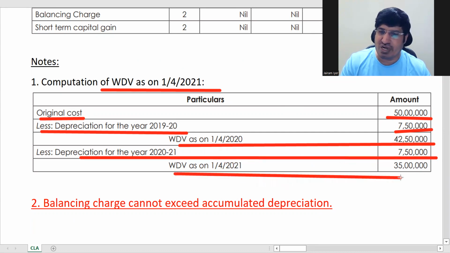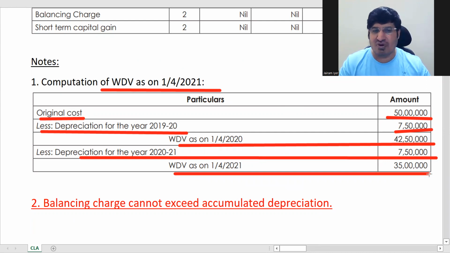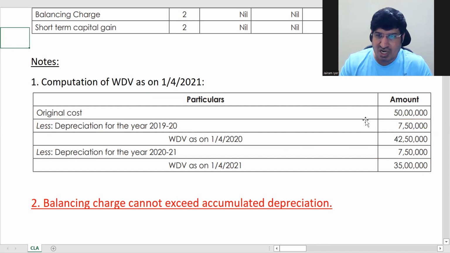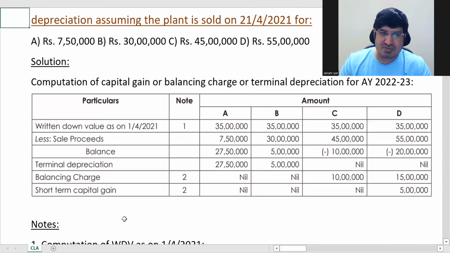WDV on 1/4/2021 is 35 lakhs. So we got WDV on 1/4/2021 as 35 lakhs. And what is the accumulated depreciation here? 15 lakhs, correct? 7,50,000 plus 7,50,000.